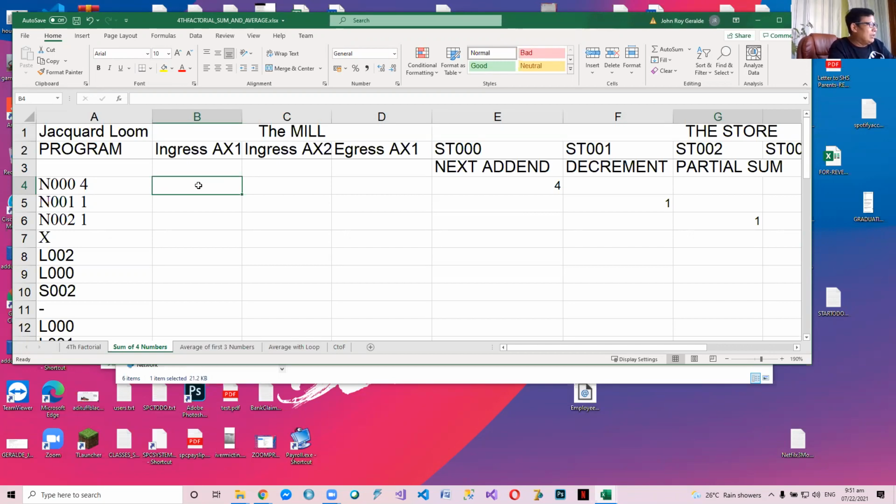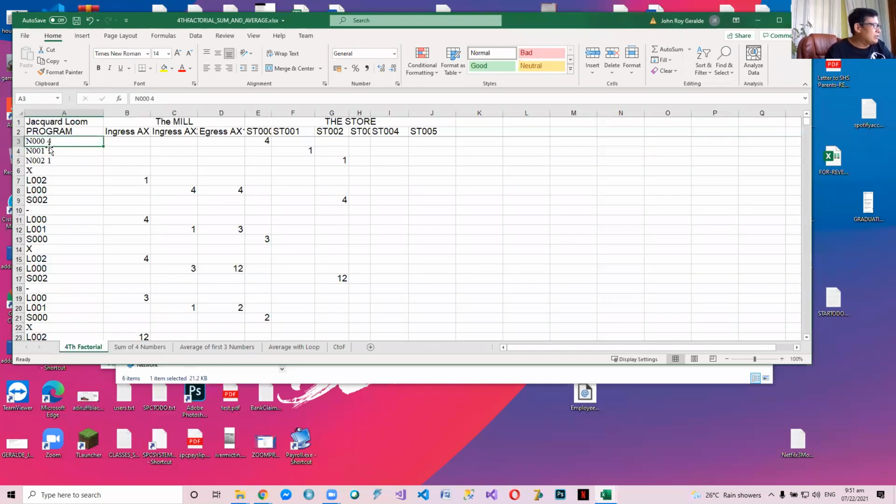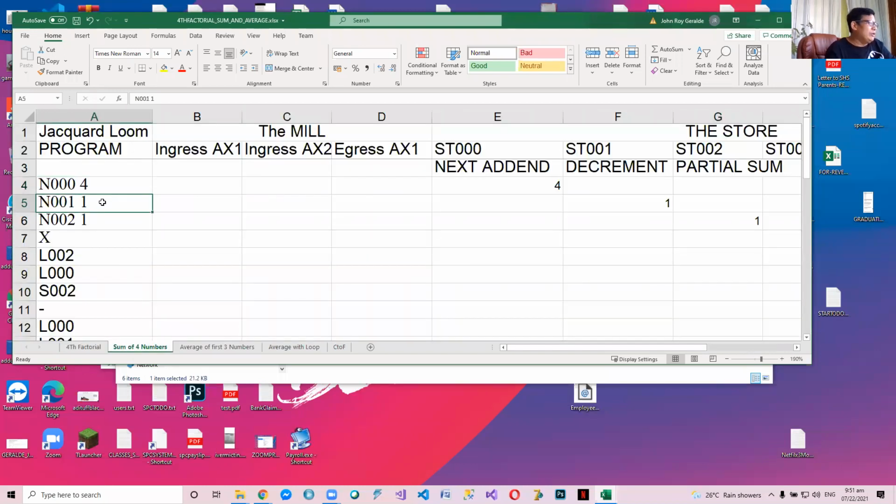So anyway, like the factorial program, we start with N, S000, which is 4, and S001, which we initialize to 1, is our decrement, because we will decrement every now and then in order to compute the next addend.